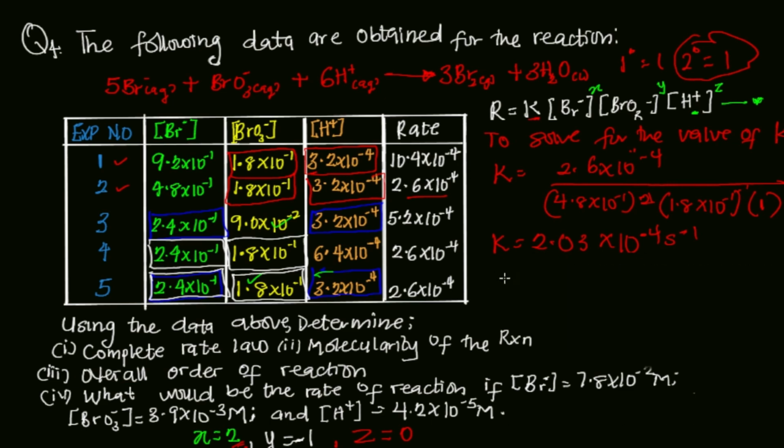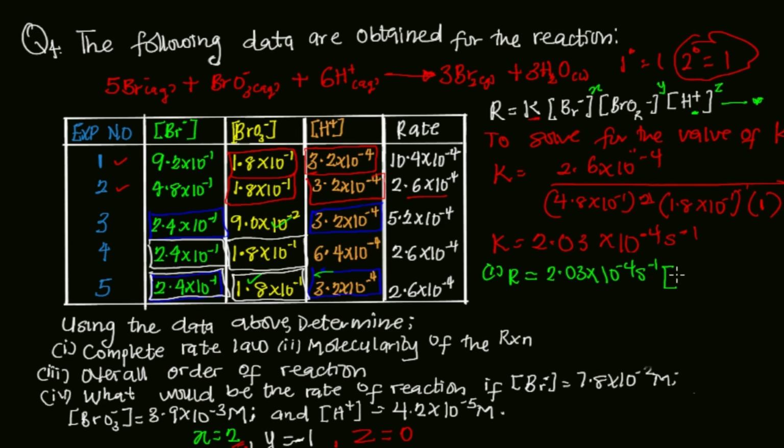Question 1 says we should determine the complete rate law of the reaction. If we are to determine the complete rate law using this expression, rate is equal to K, the rate constant, which is 2.03 multiplied by 10 raised to the power of minus 4 per seconds.